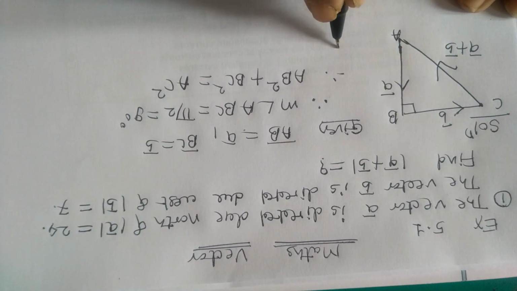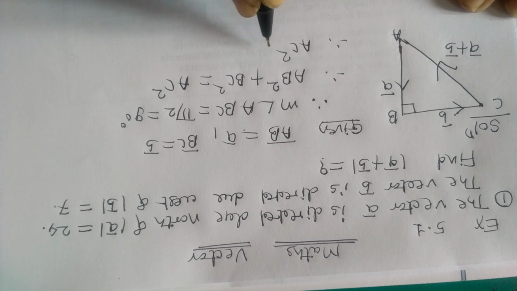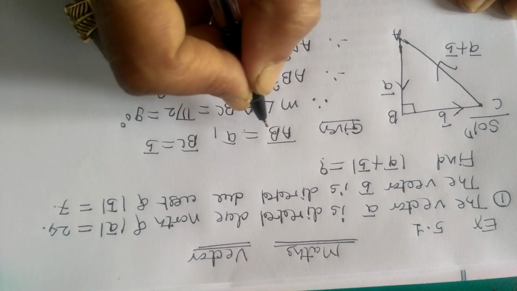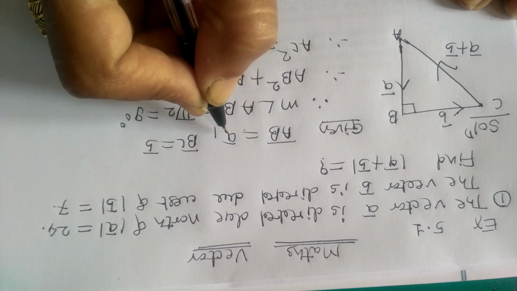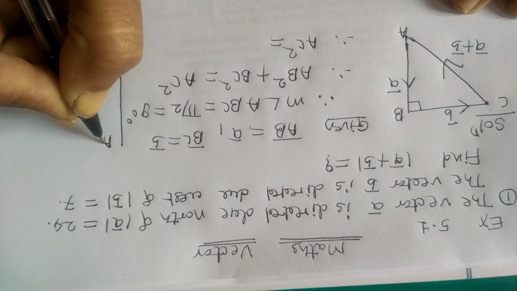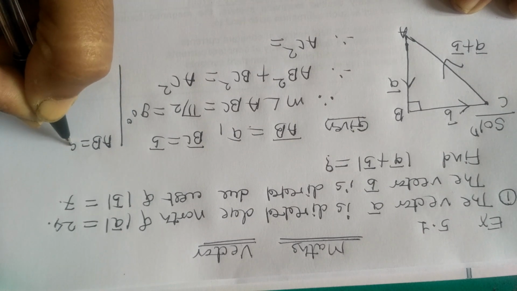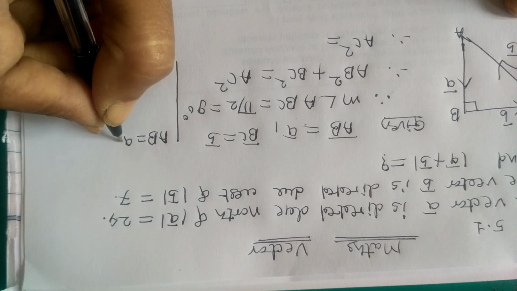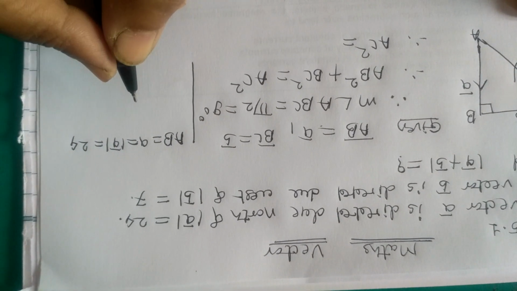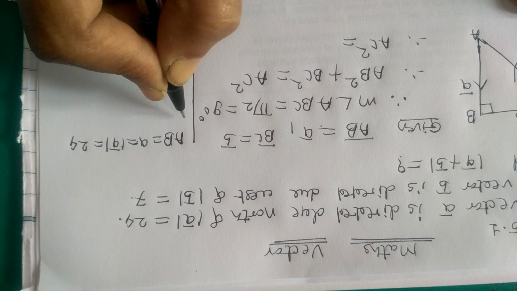For this case, AC square is equal to AB square, but here vector AB bar is equal to a bar, so we may write AB as the magnitude, which is nothing but a. It may be denoted by the magnitude of a bar, which is 24. These are all about the magnitude notation of vectors.